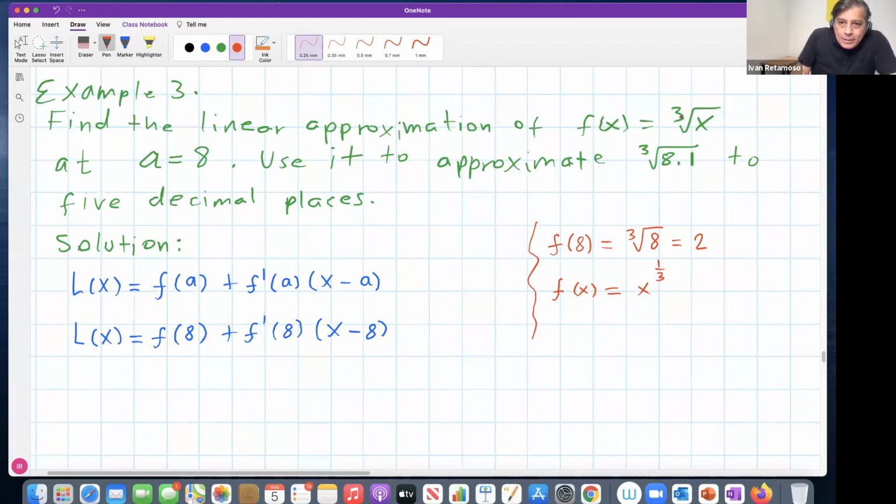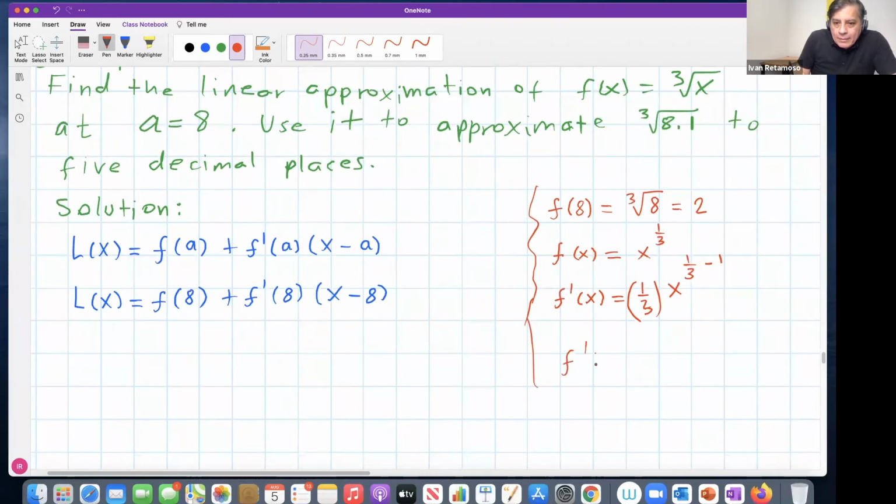Remember, when you have radicals, the denominator is the index. So x raised to 1/3 is cube root of x, right? Now in this form, the derivative should be easier to take. The derivative will be equal to what? The exponent comes down up front, 1/3. What stays? 1 less, right? 1 less. 1/3 minus 1.